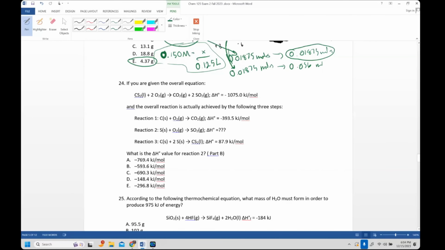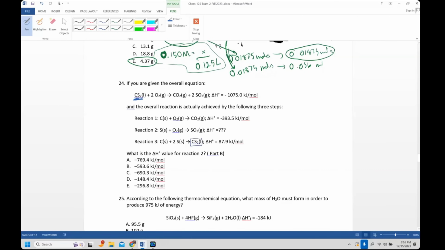An easy way to do this is to section off each reactant and product and do one at a time systematically. So I like to look at the first one, CS2, in the overall. Where is CS2 in the mechanism? Right here.